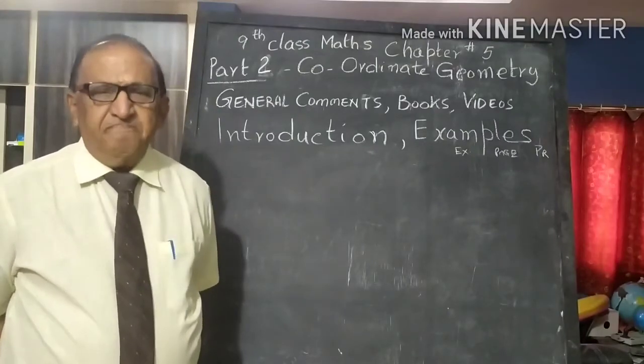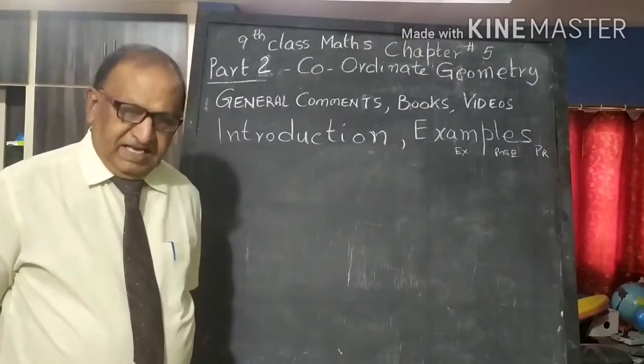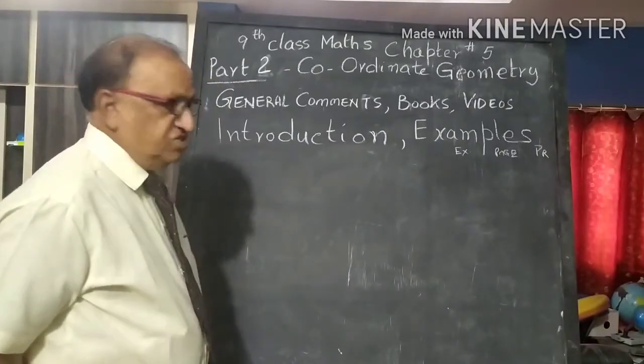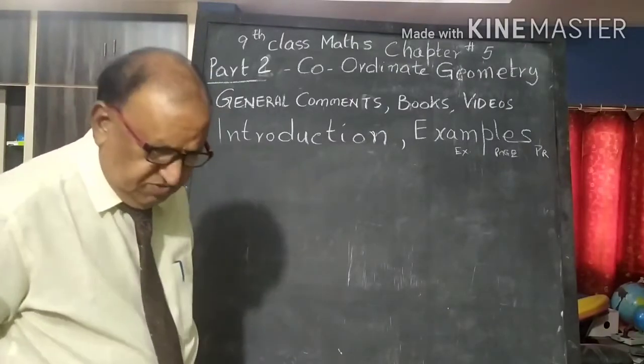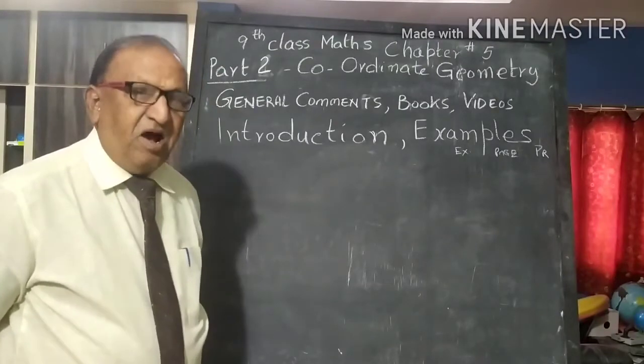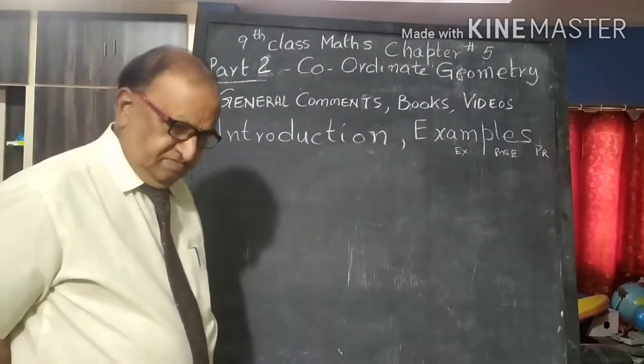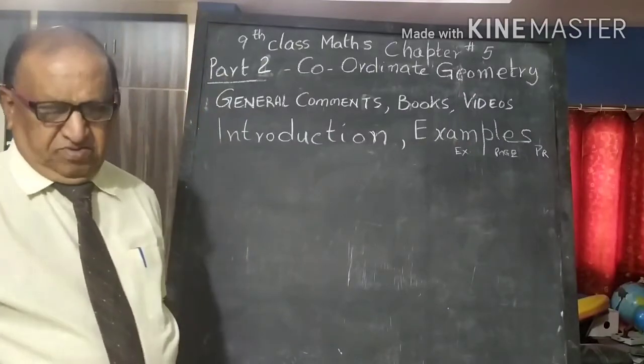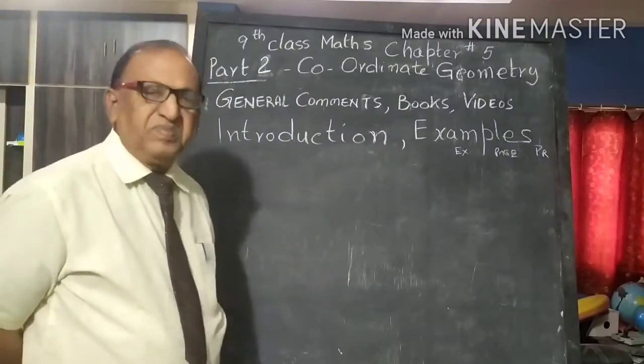I am very happy that I get the opportunity to continue to teach coordinate geometry to you. Previously I taught lines and angles, that I finished. The next chapter is chapter 5, coordinate geometry.